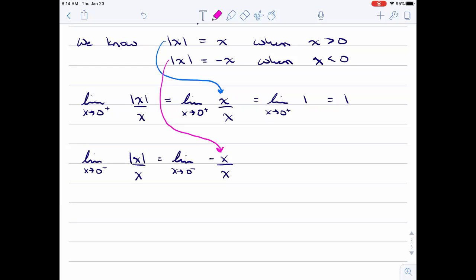So you have to think about, well, how is x behaving as I'm approaching 0? Is it going to be positive or negative? This is going to be the limit as x approaches 0 from the left of -1. Negative x over x is -1. And so I get -1.